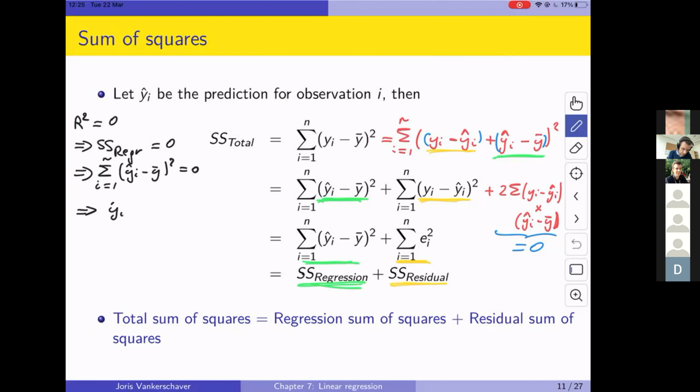So y hat has to be equal to y bar for all my observations.